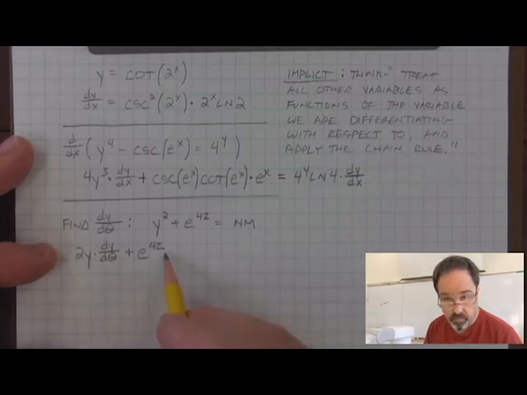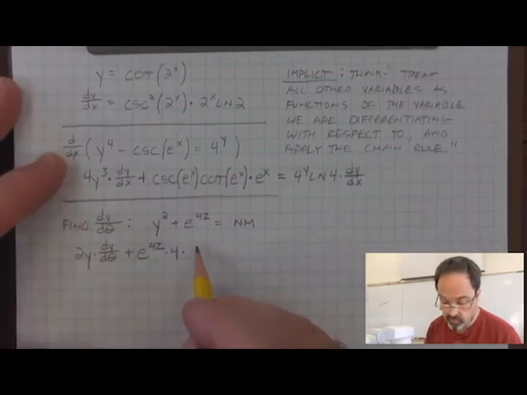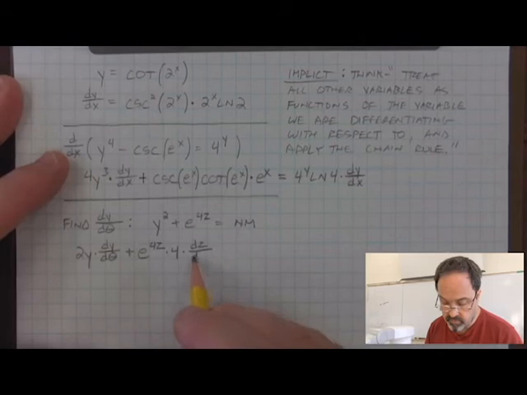With a chain rule, I multiply by what composes e to the 4z, and the derivative of 4z is 4. But I need a second chain rule because I'm thinking of z as a function of theta. So I multiply by dz over d theta.